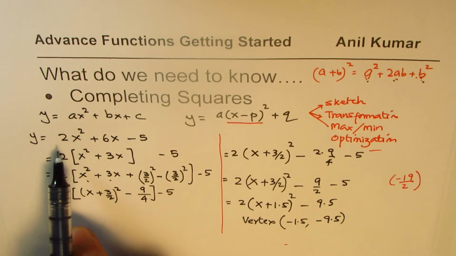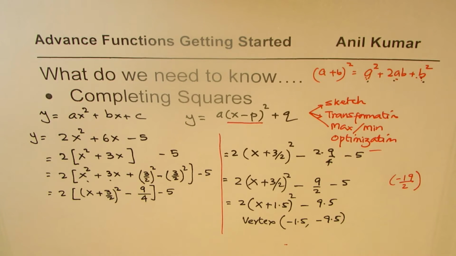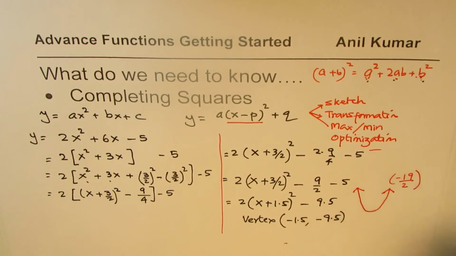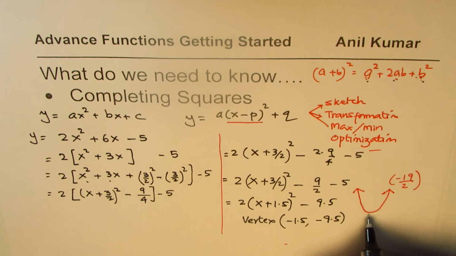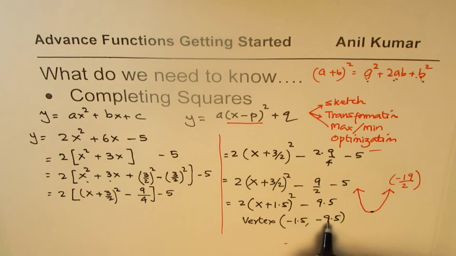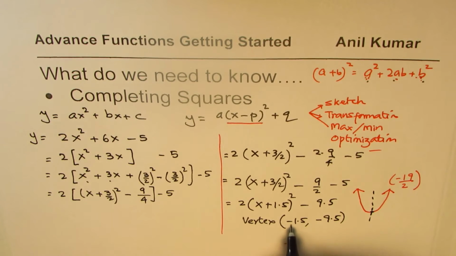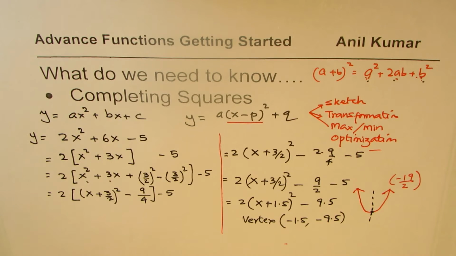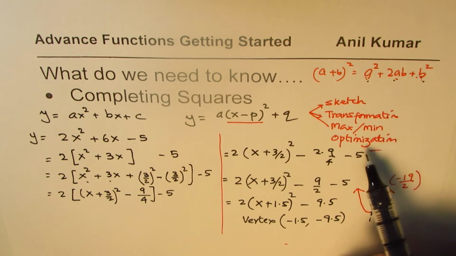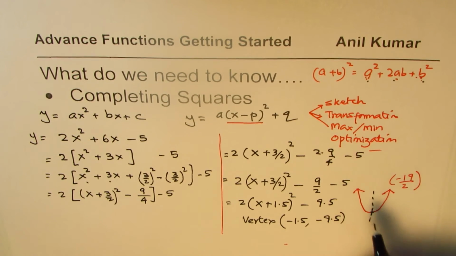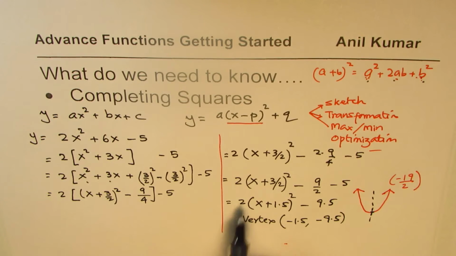Now since it has a positive coefficient, the parabola represented by this opens upwards, kind of like this, and therefore the vertex represents a minimum. So the minimum value is minus 9.5 and the axis of symmetry is at x equals minus 1.5. So you get a lot of information from this particular equation that helps to answer all these questions and also explain transformations, right?